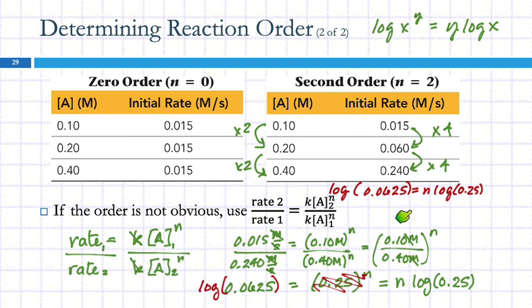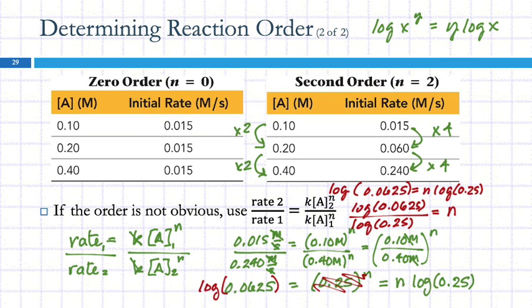So we're trying to find out what n is. So the log of 0.0625 divided by the log of 0.25 is equal to n. Now, it's tempting to rewrite that as the log of 0.0625 over 0.25, but you better be very certain of your log manipulations before you try anything like that.